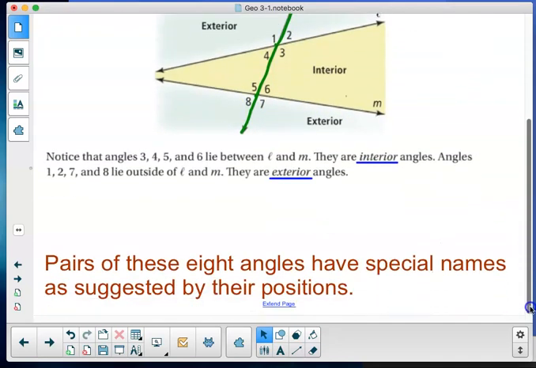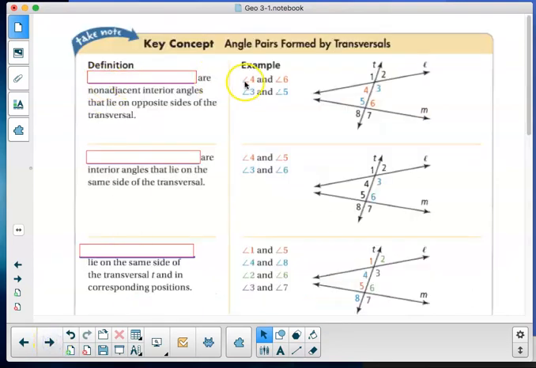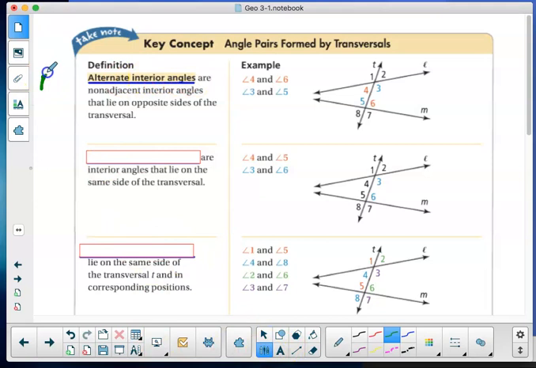Kind of cool. Now, pairs of these 8 angles have special names as suggested by their positions. Wow, we have special names. Let's check these out. Keep in mind, this is the same diagram that I previously was on. Definition: alternate interior angles, which we will know as AIA.